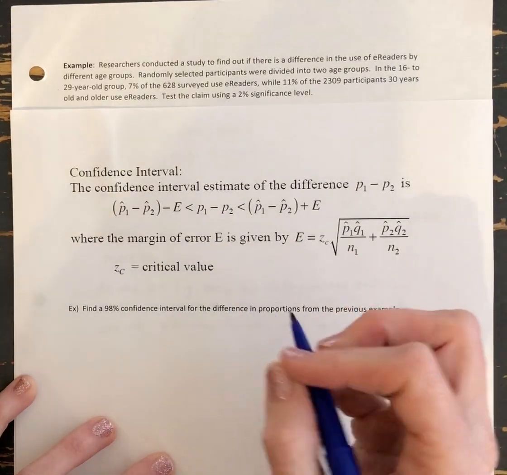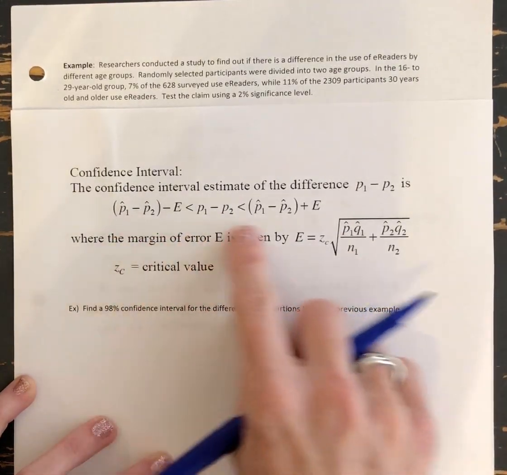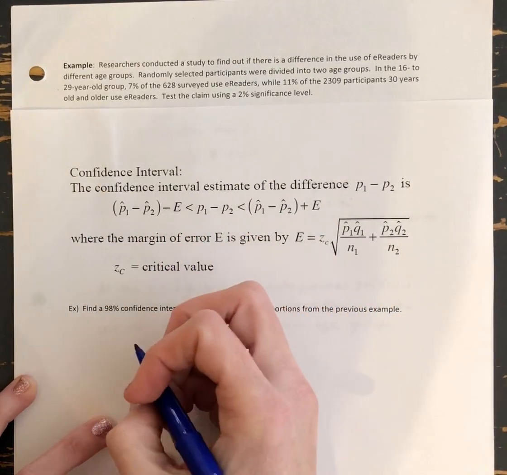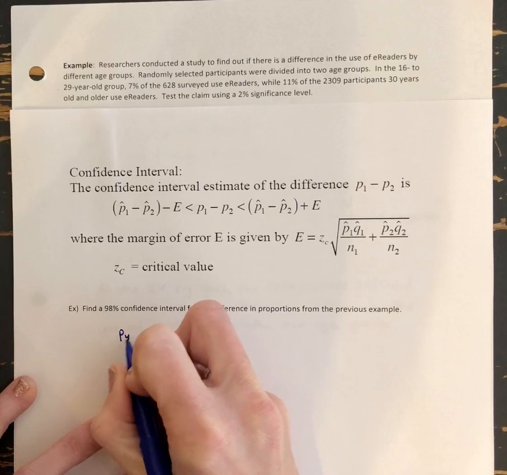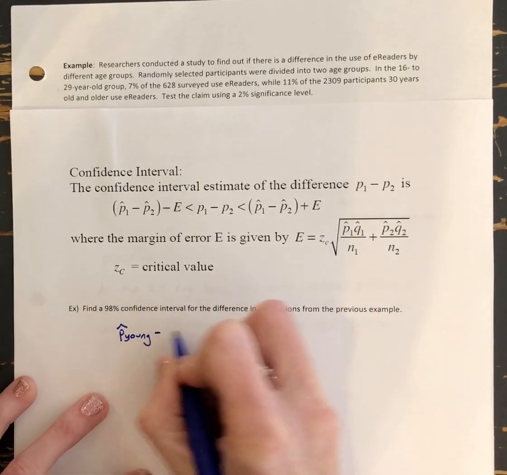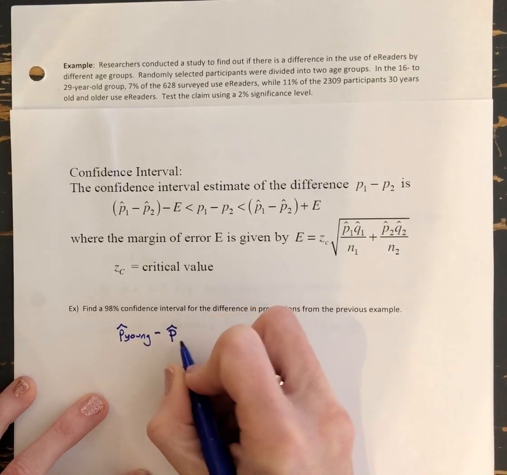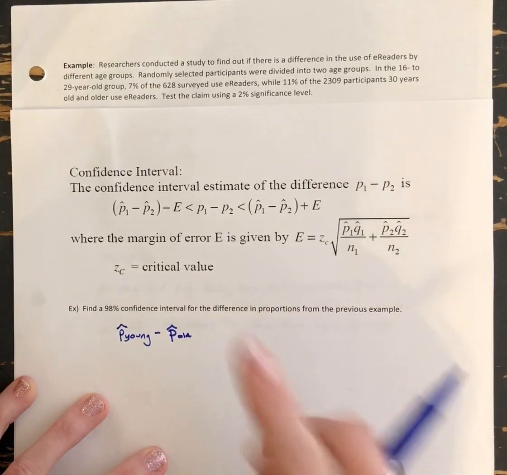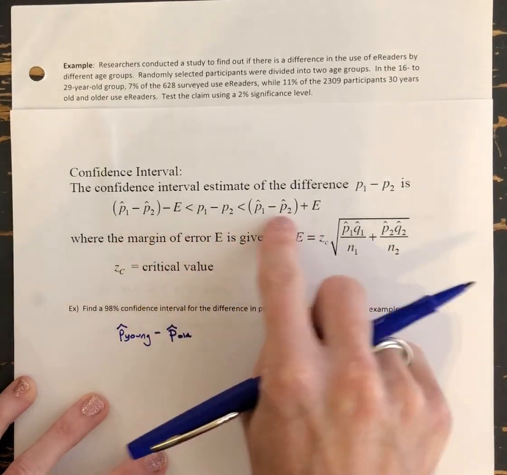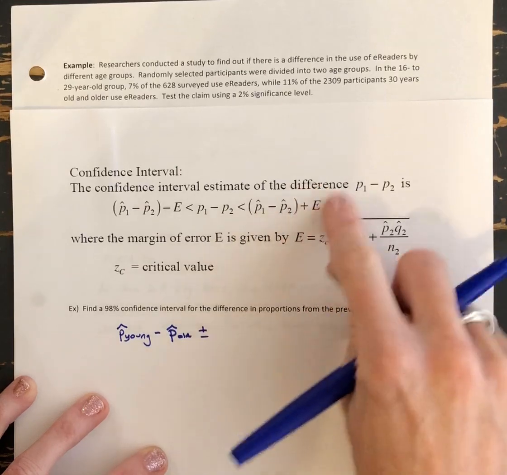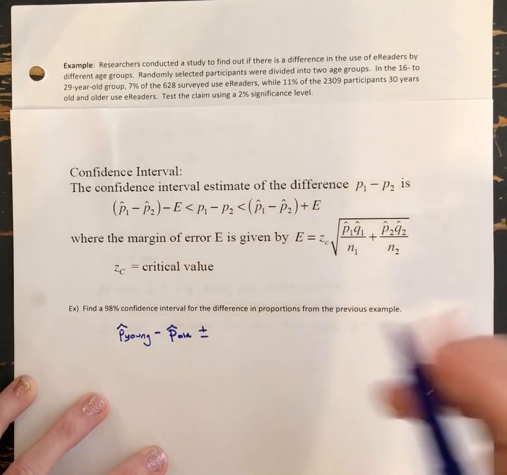So first thing here, you'll notice that the confidence interval is going to be basically P1 hat, so P1, we'll use for our young group, minus P2 hat, that's our older group. And then that interval is going to be created by both adding and subtracting this margin of error E, where here's the margin of error.